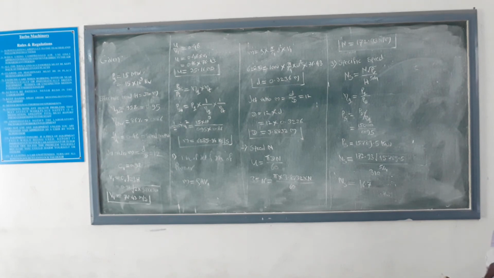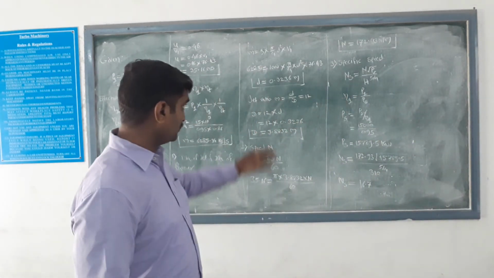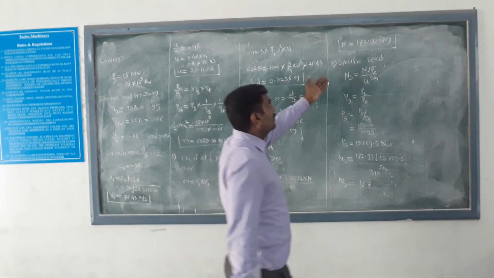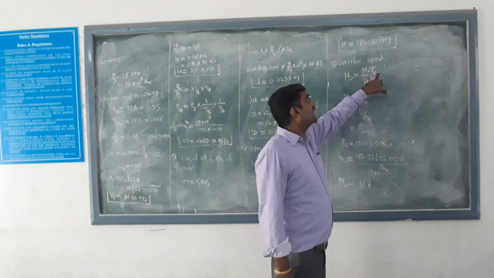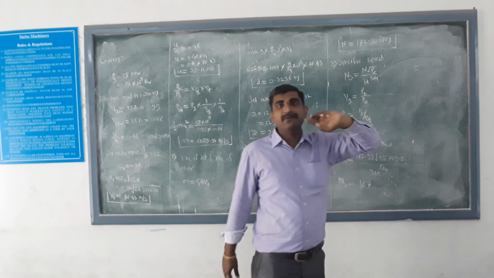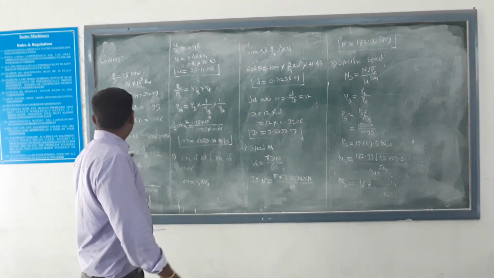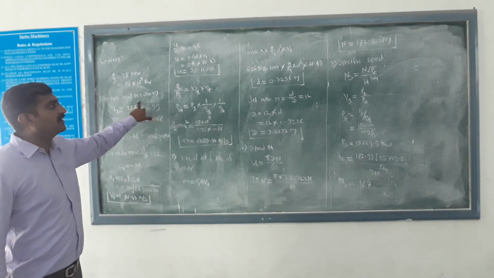Now find out specific speed. We know the formula Ns equal to N under root of Ps, shaft power, upon H raised to 5 by 4. We know H, the effective head.